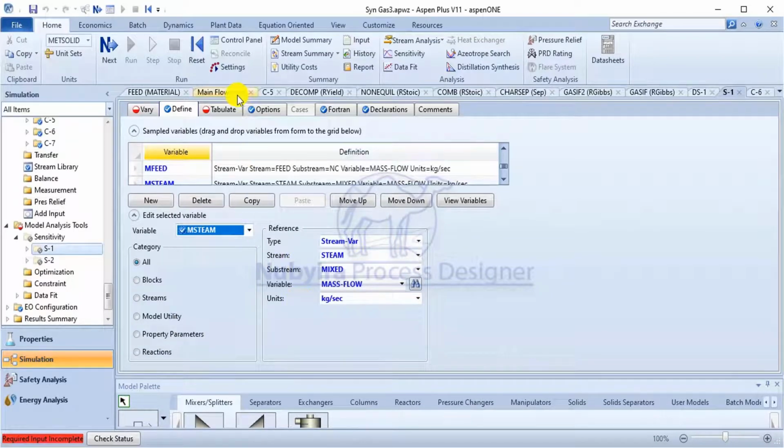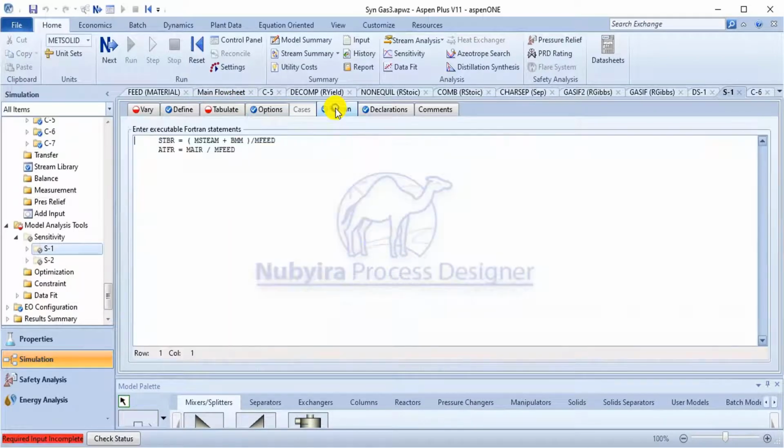So we have the formula for the air to fuel ratio, which is going to be MA and MP. You can't really vary these parameters, because the way we made the model, it has to be constant in the equation of the calculator.